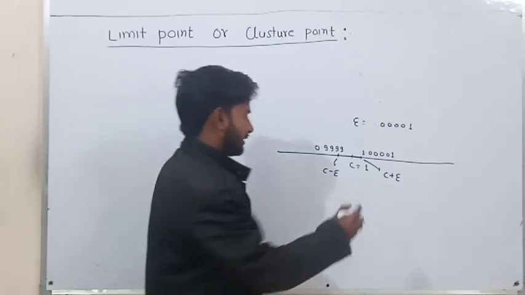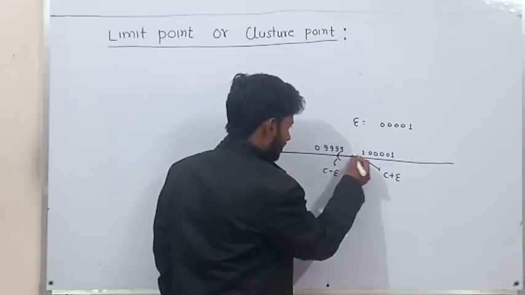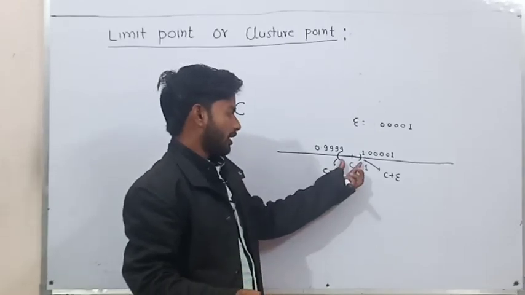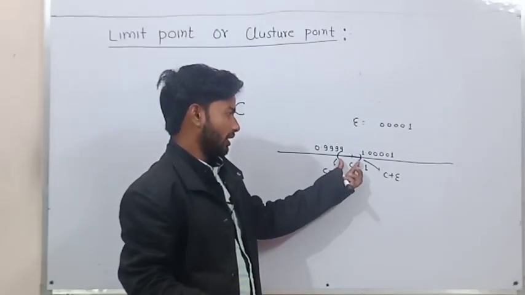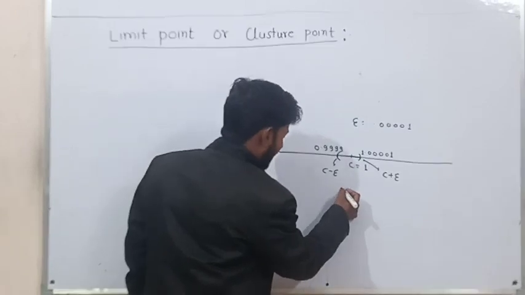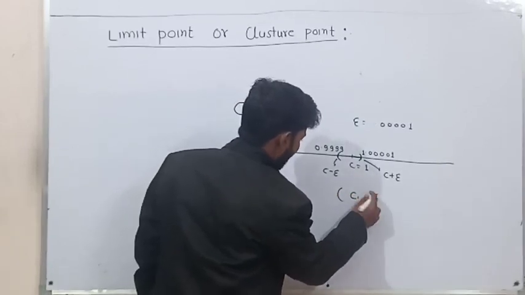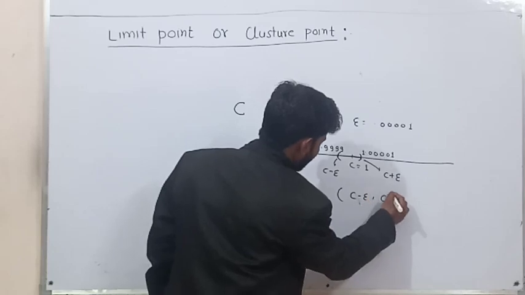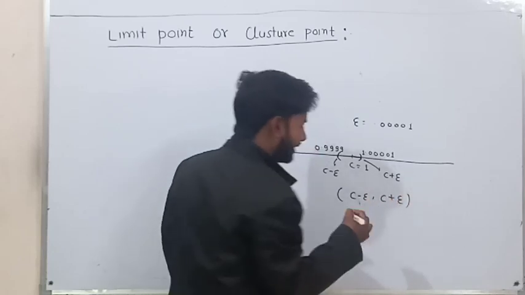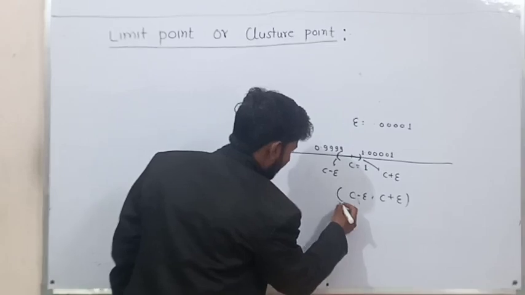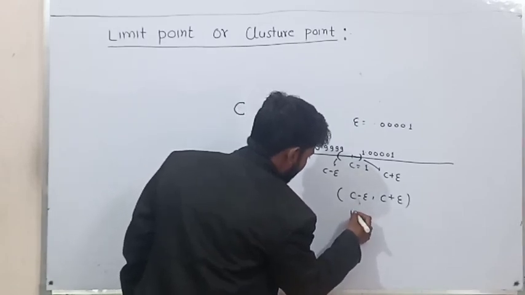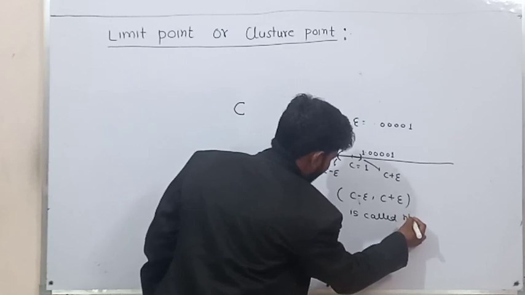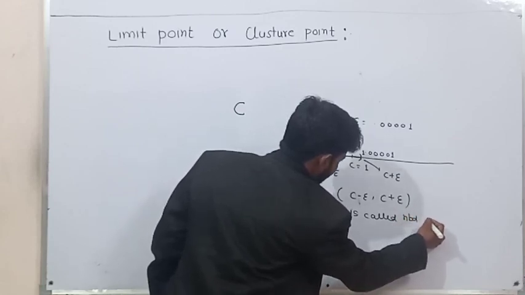If we take this interval, that is the open interval (C minus epsilon, C plus epsilon), then this interval is called the neighborhood of point C.